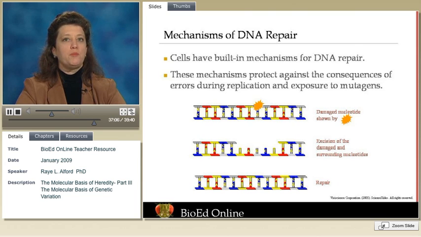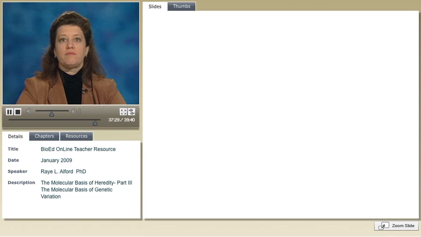Cells have specialized proteins that perform these DNA repair functions. Mutations in the genes that encode DNA repair functions can be the cause of genetic disorders. One example is hereditary non-polyposis colon cancer, or HNPCC, which results from mutations in proteins that repair mismatched bases in the DNA double helix.